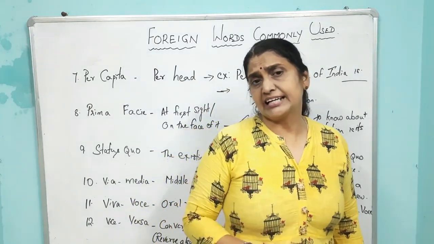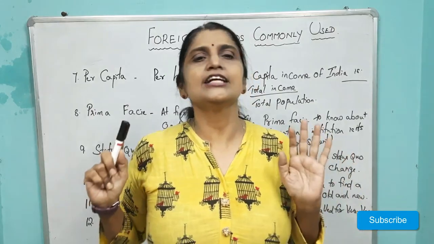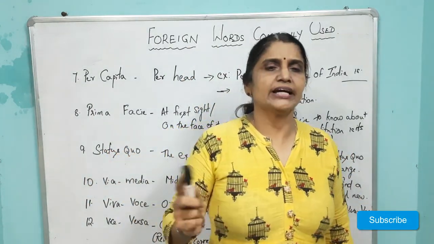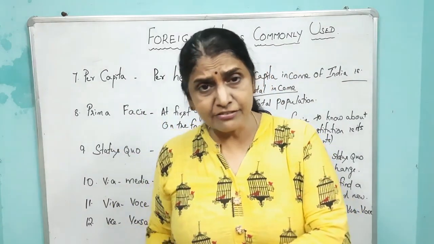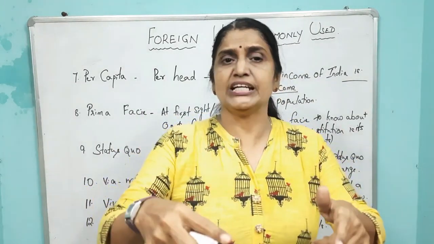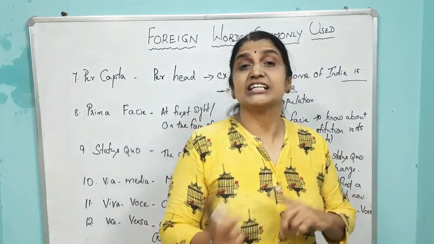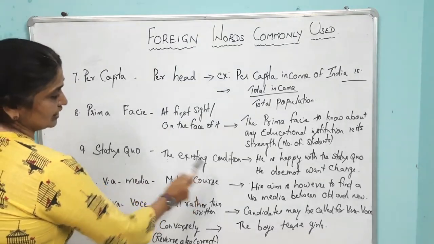You are bargaining for 10,000. So he says, no, definitely you cannot get it for 10,000. Then you say, okay, we'll go via media, make it 12,000. That means it is neither 15,000 nor 10,000. Via media, in between rate you have fixed. Middle course, that's the meaning.